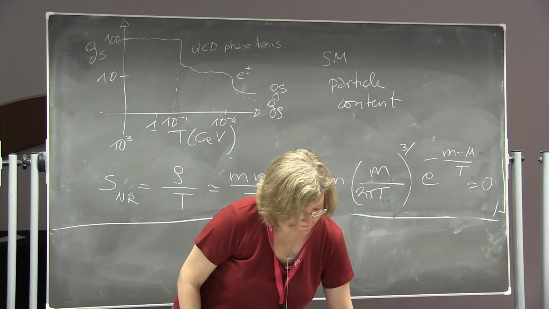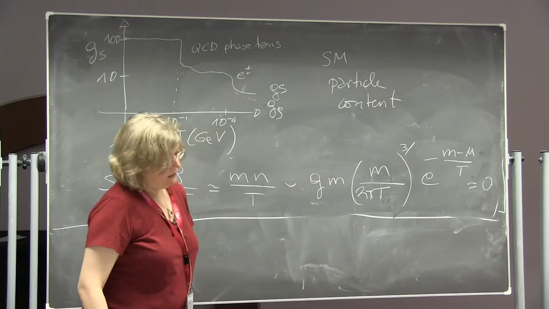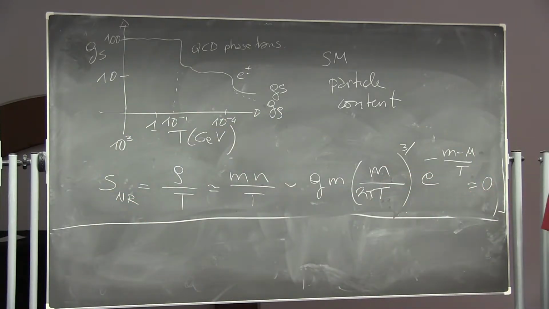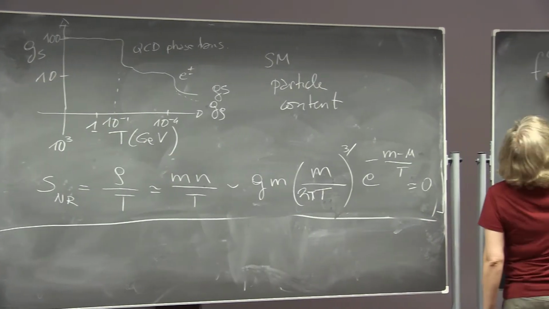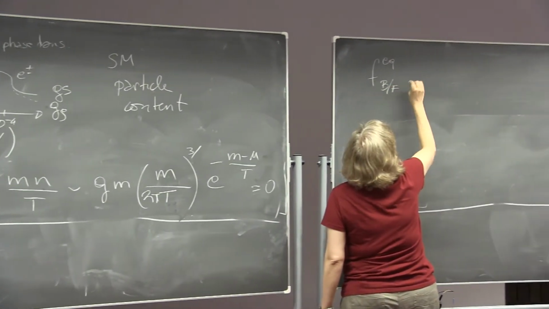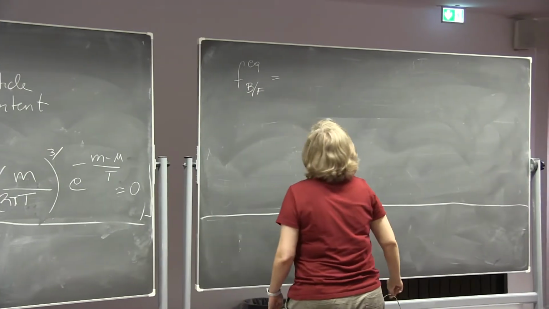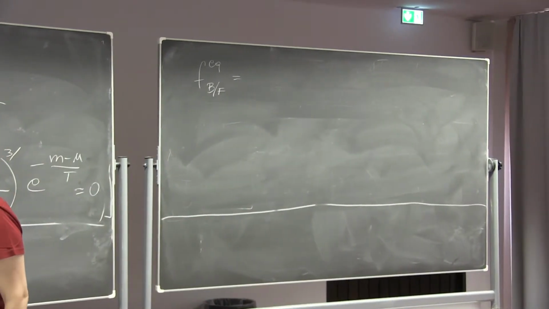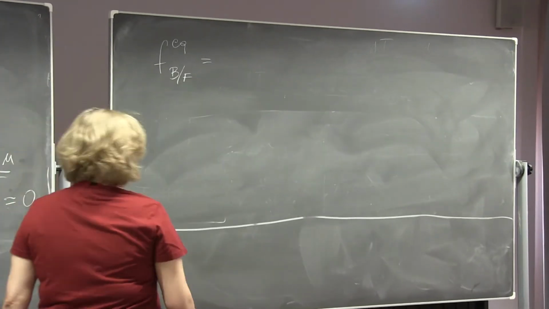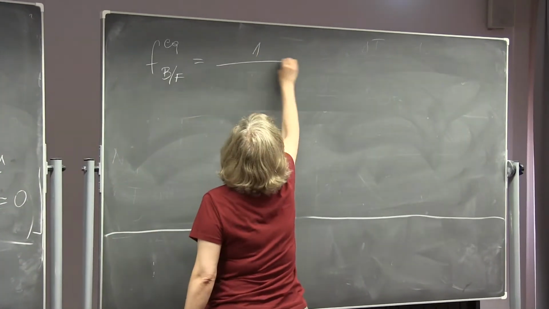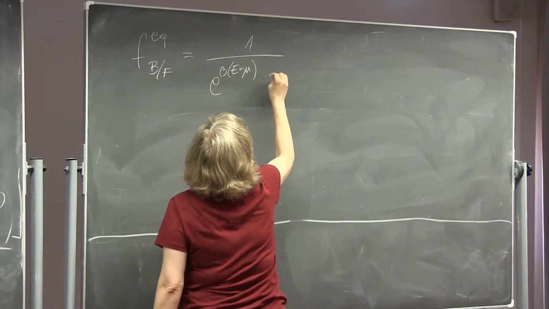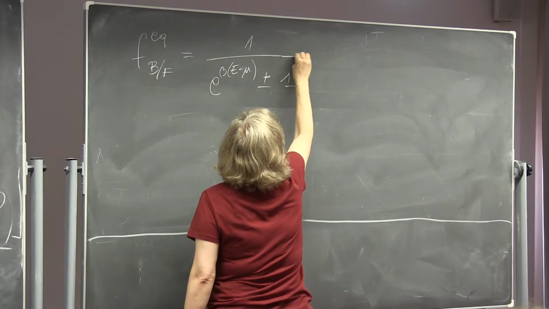Well, of course, as I said, if you want, I can write down also the distribution functions f in equilibrium, which are usually the Bose or Fermi distributions. So they are, in this case, I count the number of internal degrees of freedom separately. So I have a 1 divided by e to the (beta E minus mu) plus or minus 1 as usual.